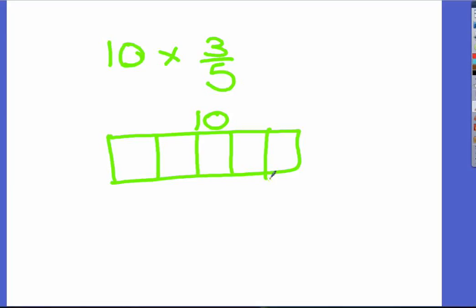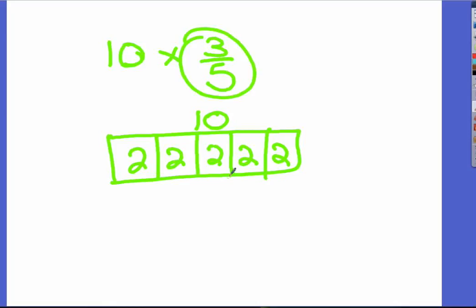If I took my whole number 10 and divided it into 5 equal parts, how many would be in each part? 2. And they want to know what 3/5 of that is. So I'm going to take 3 of those boxes, and I'm going to say 2, 4, 6. So 10 times 3/5 equals 6.